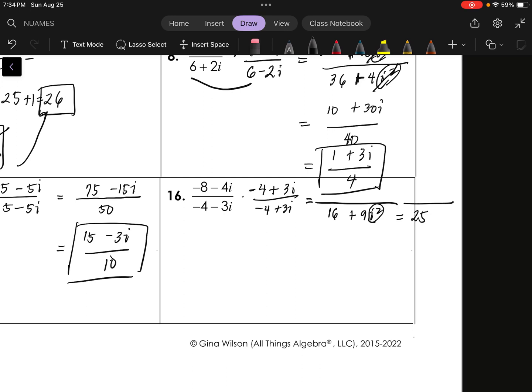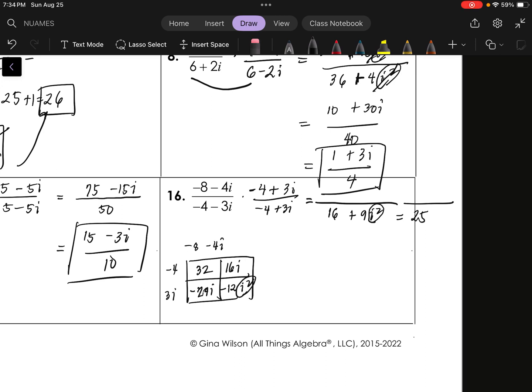And then let's do the box method for the numerator, because there are two different factors. They're not conjugates, so it'll be a little different. So we've got negative 8 minus 4i, negative 4 plus 3i. We end up having 32, negative 24i, 16i, and then negative 12i squared.